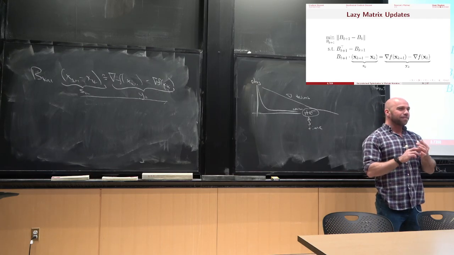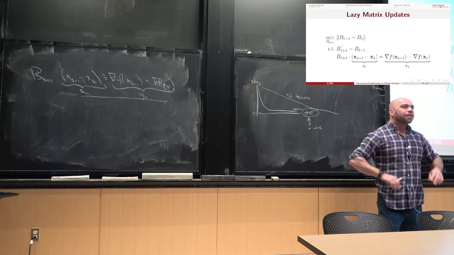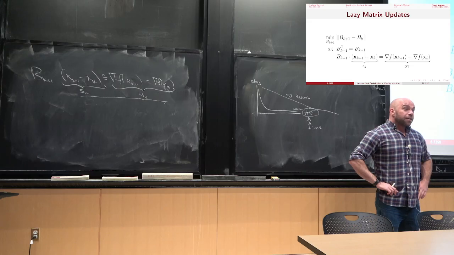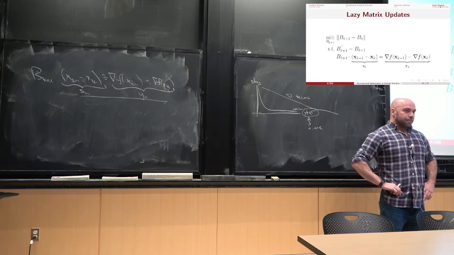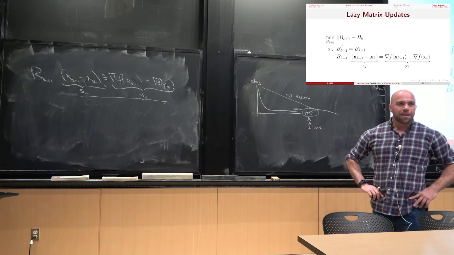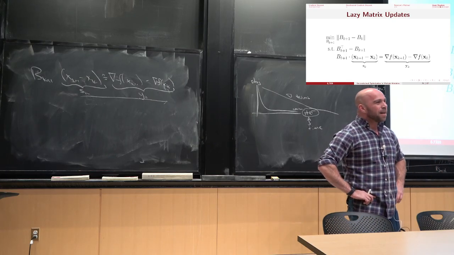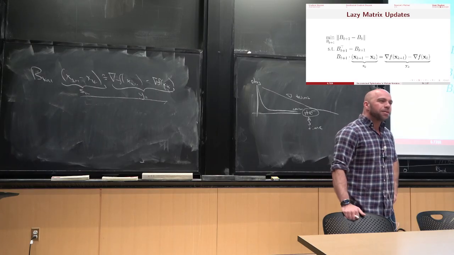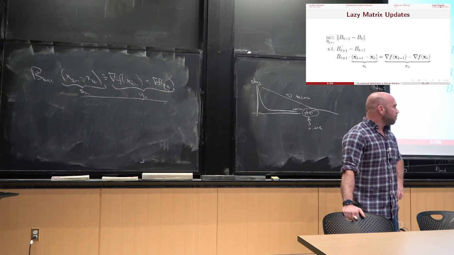Is there intuition for keeping the matrix symmetric, like with the assumption that that's going to help us in terms of speed of convergence? It's a good question. Like, why bother, essentially. I think the intuition to have here is that B is supposed to approximate the Hessian.